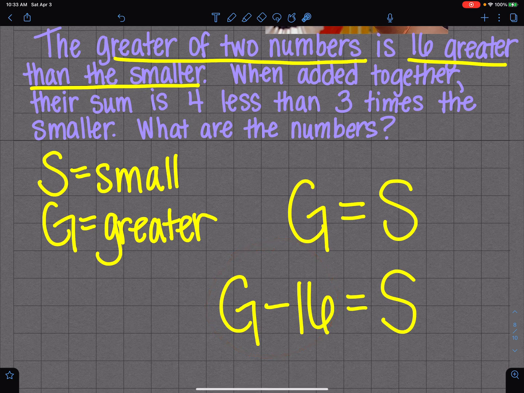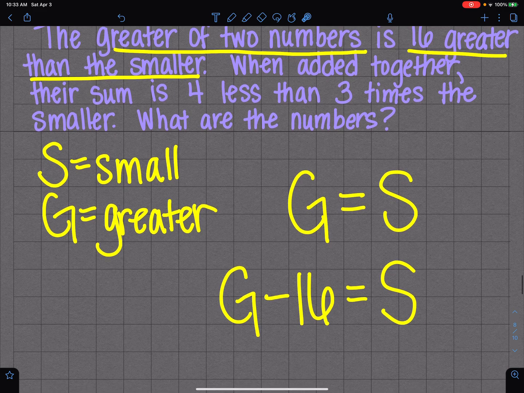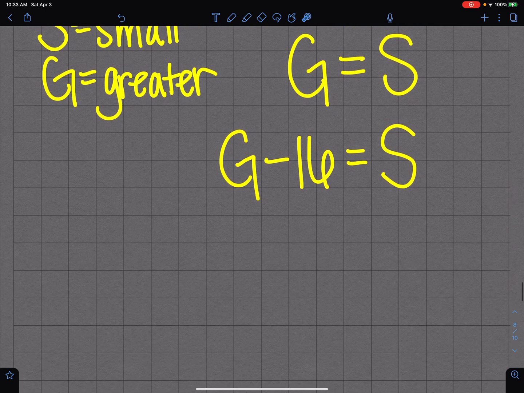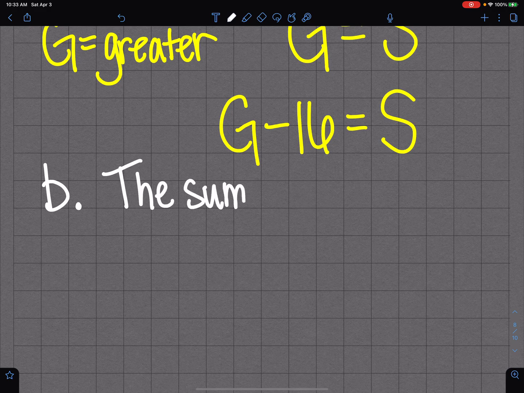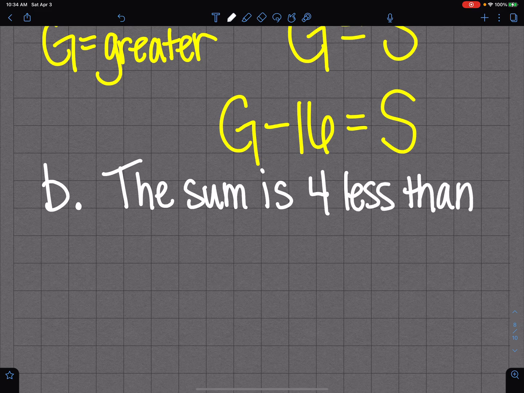Okay. And then the next equation: when added together, their sum is 4 less than 3 times the smaller. Whew. Okay, so the second part of this equation, let's change colors because this is getting confusing. The sum is 4 less than 3 times the smaller.